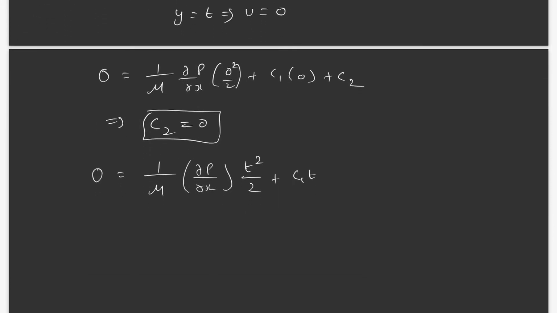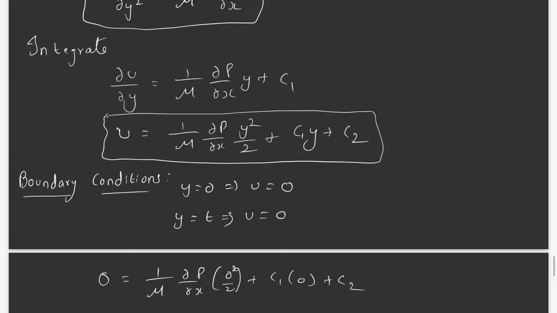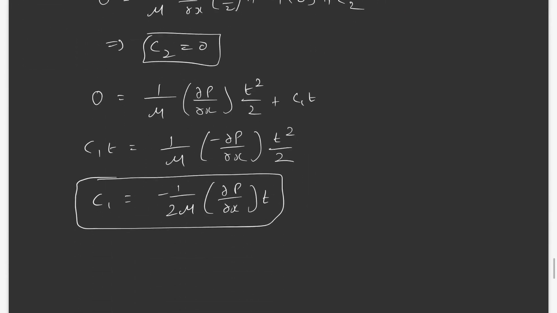From this what we'll get? c1t is equal to 1/μ into minus ∂p/∂x into t²/2, which means c1 is equal to minus 1/2μ into ∂p/∂x into t. We'll substitute this value in this equation. What we'll get?